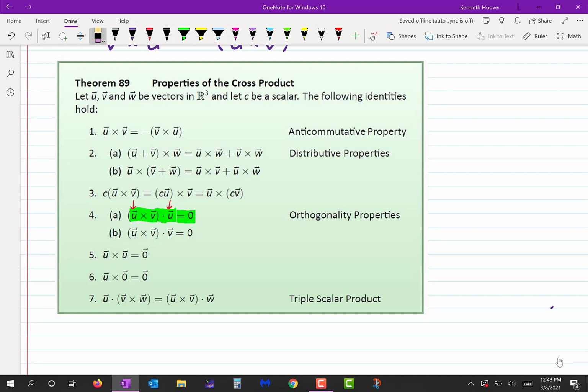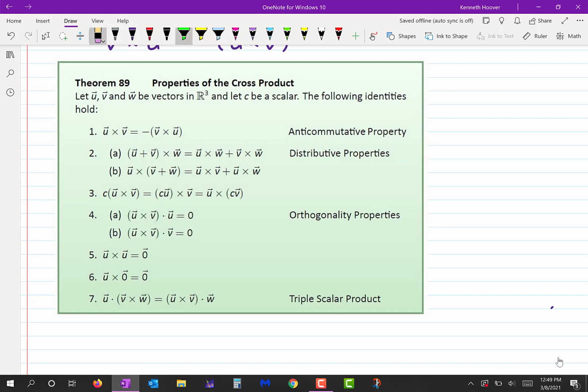You can try it out yourself and see, but I guarantee you it's going to come out to 0. This is telling us the same thing, except they're dotting with v, which is one of the vectors in the cross. If you do a cross product of two vectors and then take that answer and do the dot product with either one of those two vectors, you're going to get 0 every time.